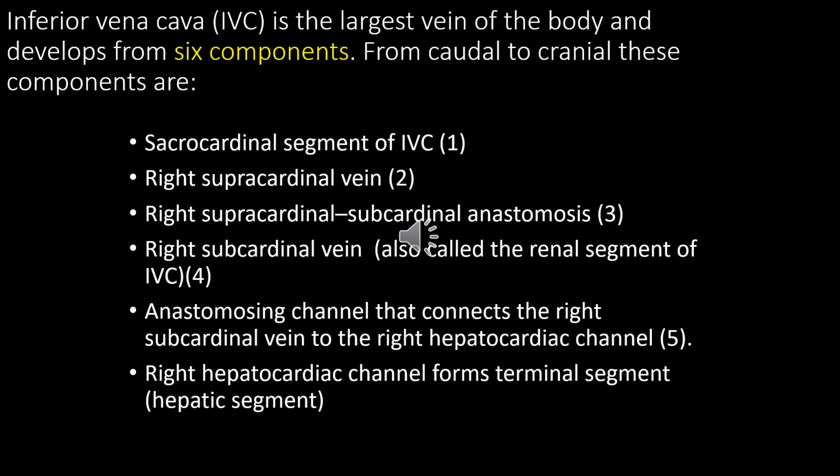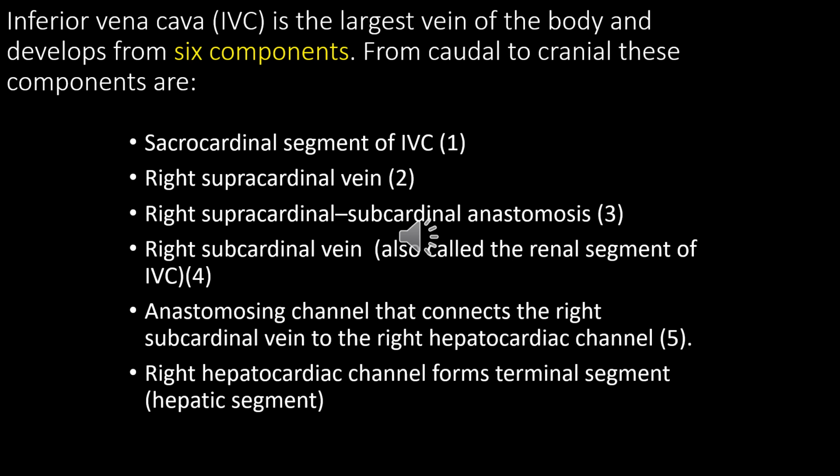Then since it is on the right side, the right supracardinal vein. Finally, the right supracardinal subcardinal anastomosis, and the right subcardinal vein itself, which is called the renal segment, and then it passes behind the liver, forming 2 channels.